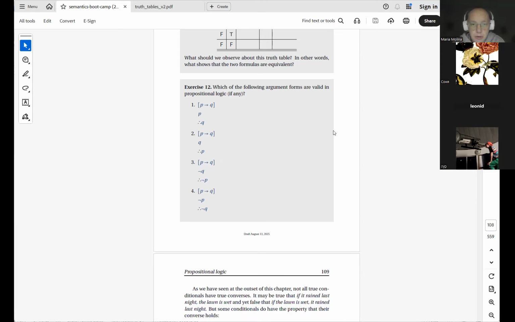Each argument has premises, the assumptions, and the conclusion, the claim that follows. The job is to decide which of these argument forms are valid in propositional logic.